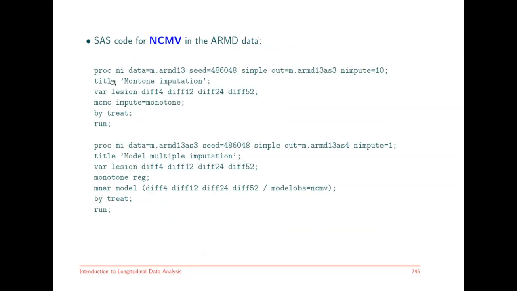Okay, so here are the two subsequent calls. So the input of the first one is number 13. The output is number 13A-3. The input of the second one is 13A-3, and then the output 13A-4. So 13 is general missingness, 13A-3 is monotone missingness, 13A-4 is fully imputed and completed.